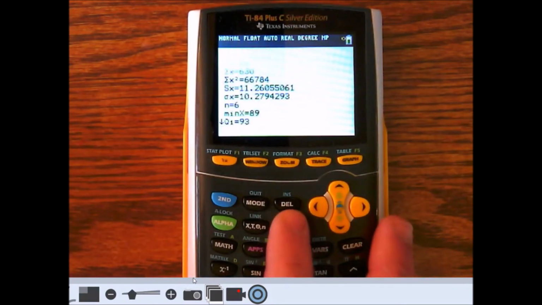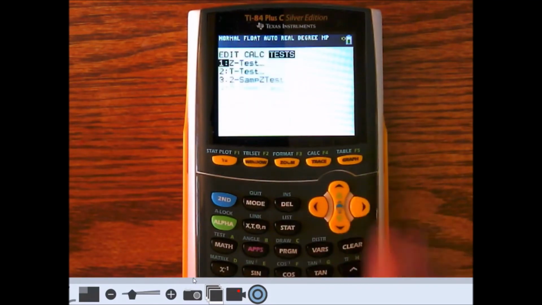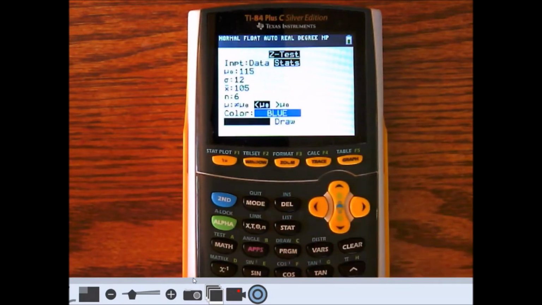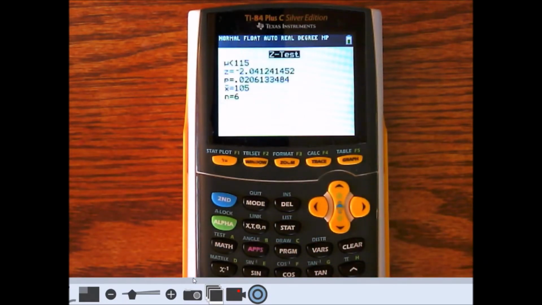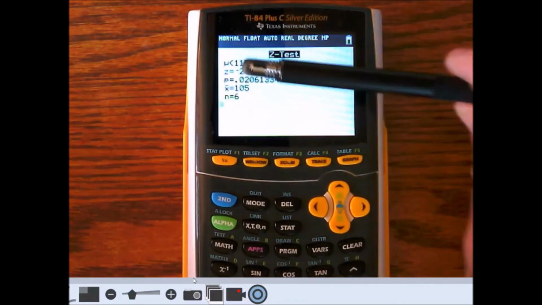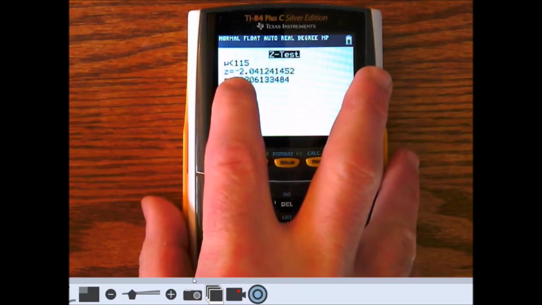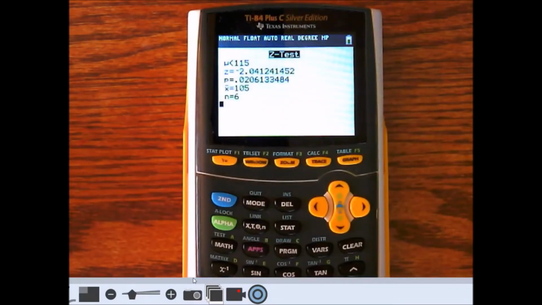So again, go to stat, over to tests, z-test, and it somehow actually changed it for us. And what we're going to do, now you could actually take a look at the drawing, is calculate. This first line just tells us what we typed in. This converts it to a z-score, so it's negative 2.04 as a z-score.